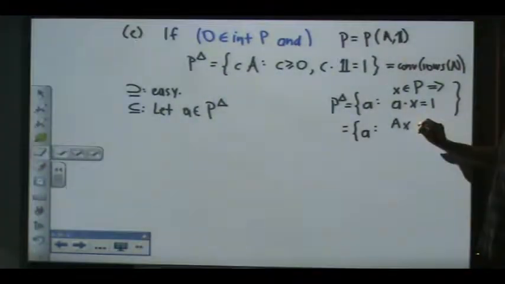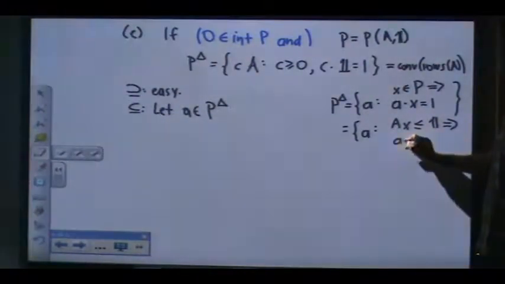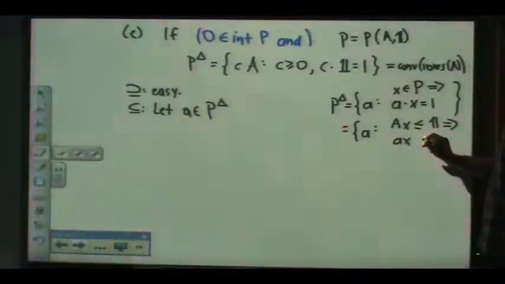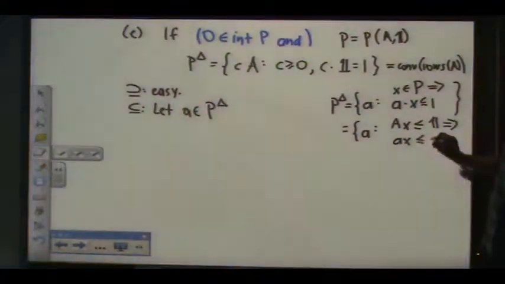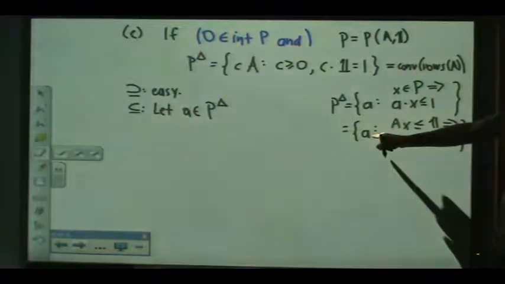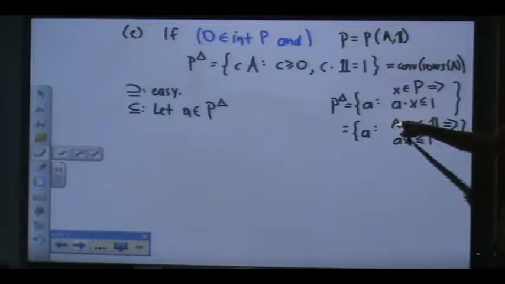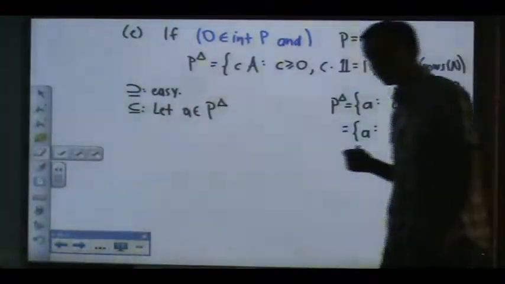So what this is saying is that if the A is such that AX is less than or equal to 1 implies that little AX is less than or equal to 1. Okay? That's what the dual is. The vectors A are such that anything that satisfies capital AX less than or equal to 1 also satisfies little AX less than or equal to 1.